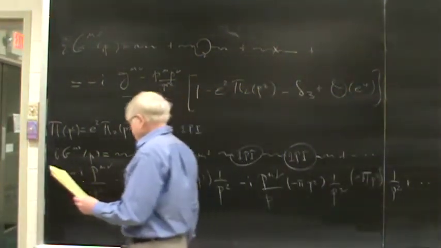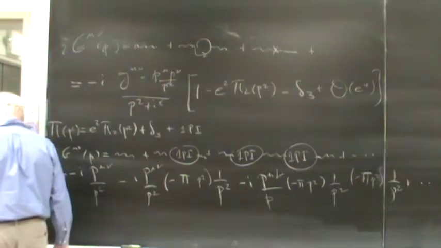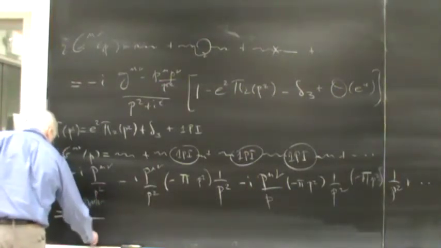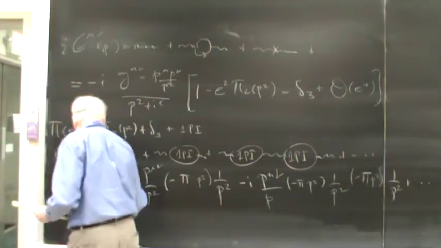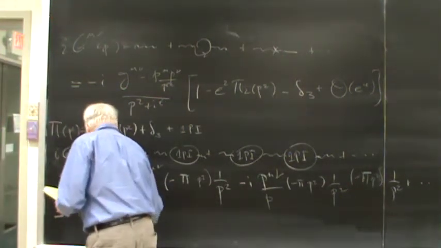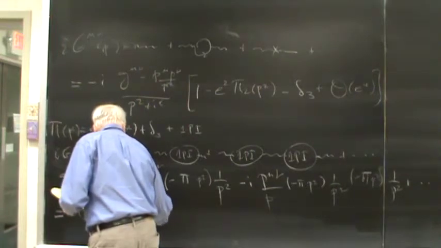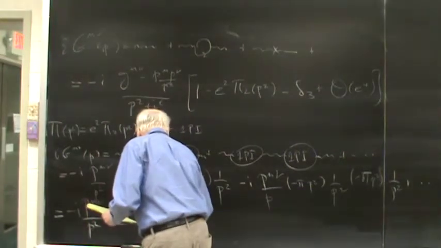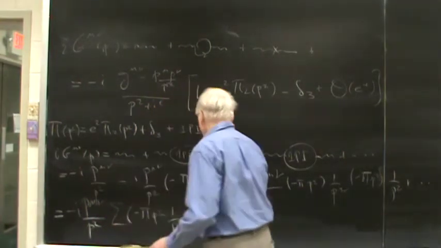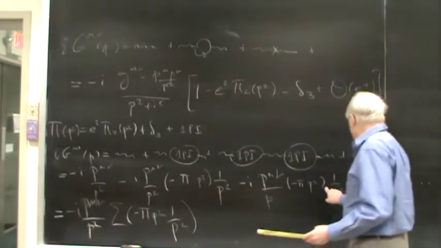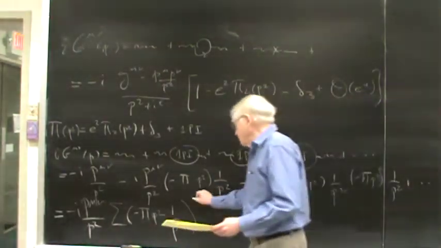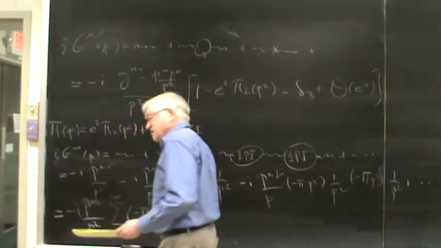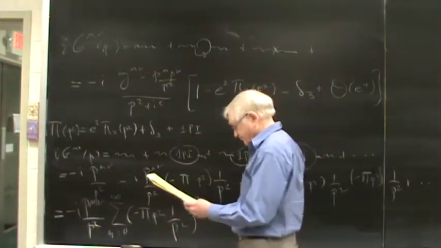And running out of blackboard, I'm going to use lower ranges here. This is then minus i P mu nu over p squared times the sum of minus pi times p squared divided by p squared. So in other words, it's this thing, this thing, this thing, to the n equals 0 to infinity. So the p squared terms cancel directly.